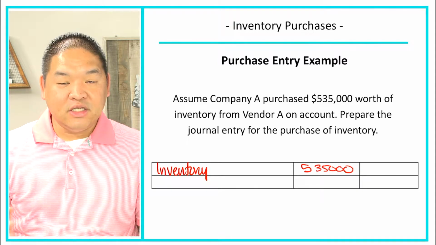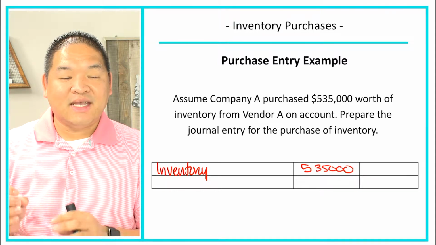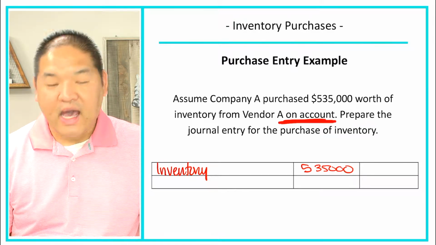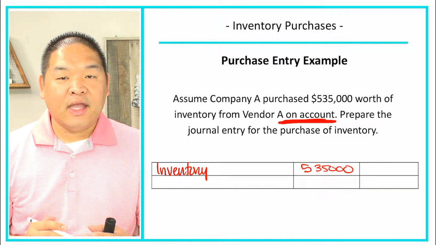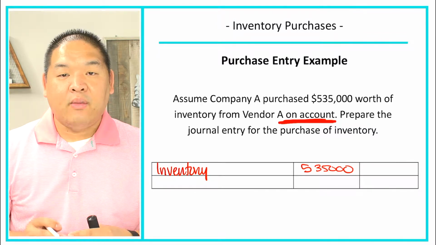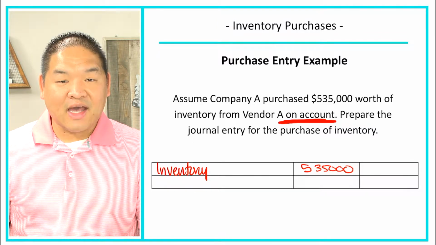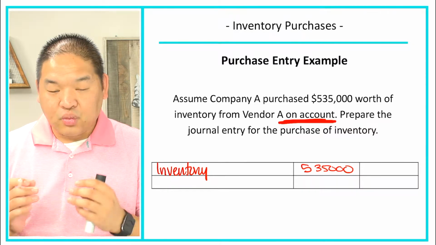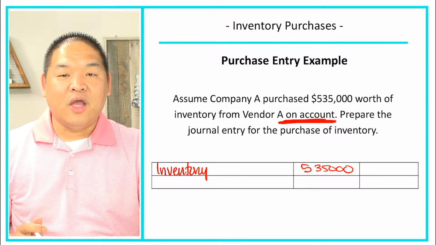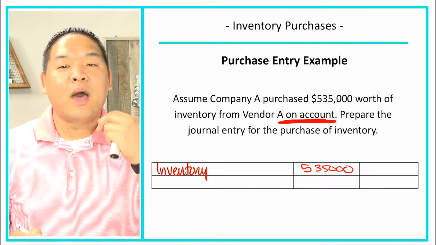Then we are going to credit how we paid for it. Well, we didn't use cash, because this problem didn't say cash. Instead, it was on account. We said that on account could mean either accounts payable or receivable, and we have to think about the context of the question. Since we bought it, it would probably mean that we owe it, and if we owe it, it would be an accounts payable.